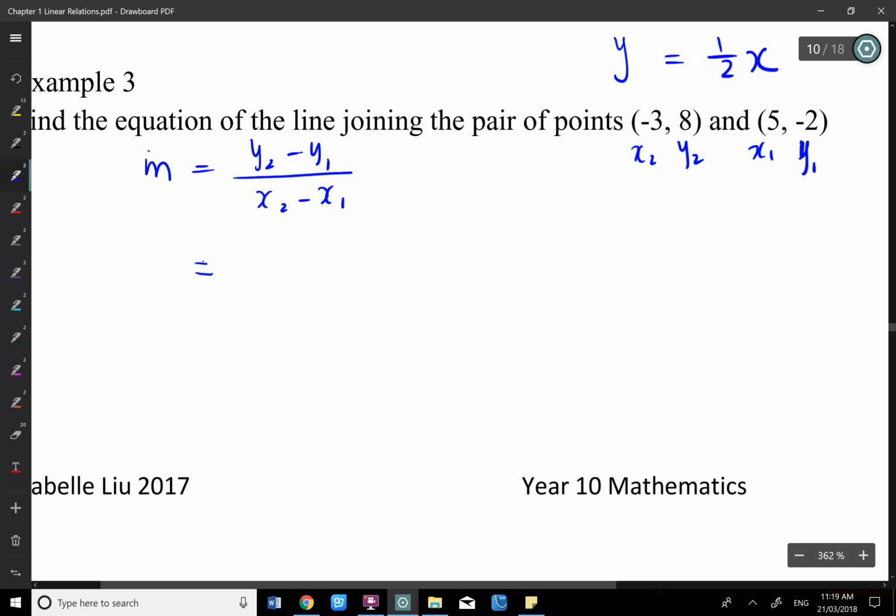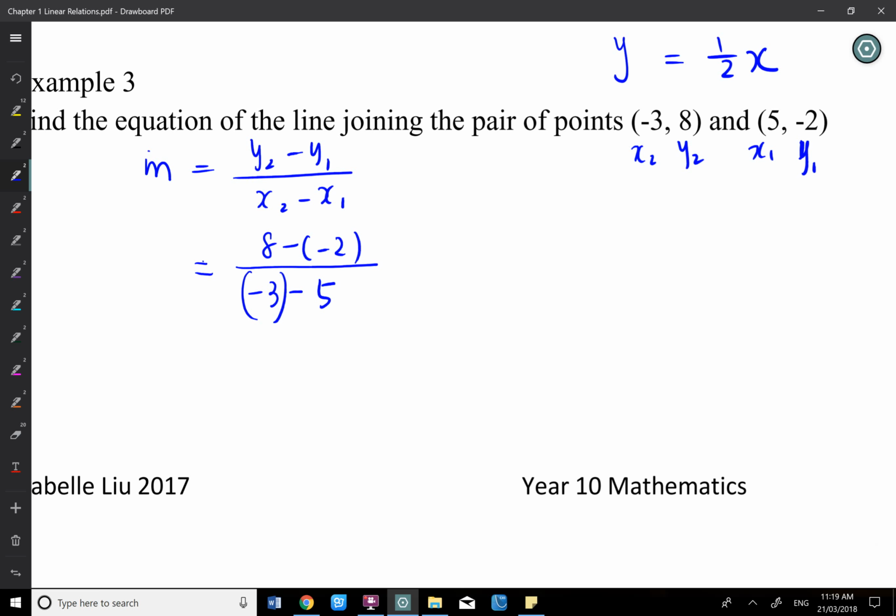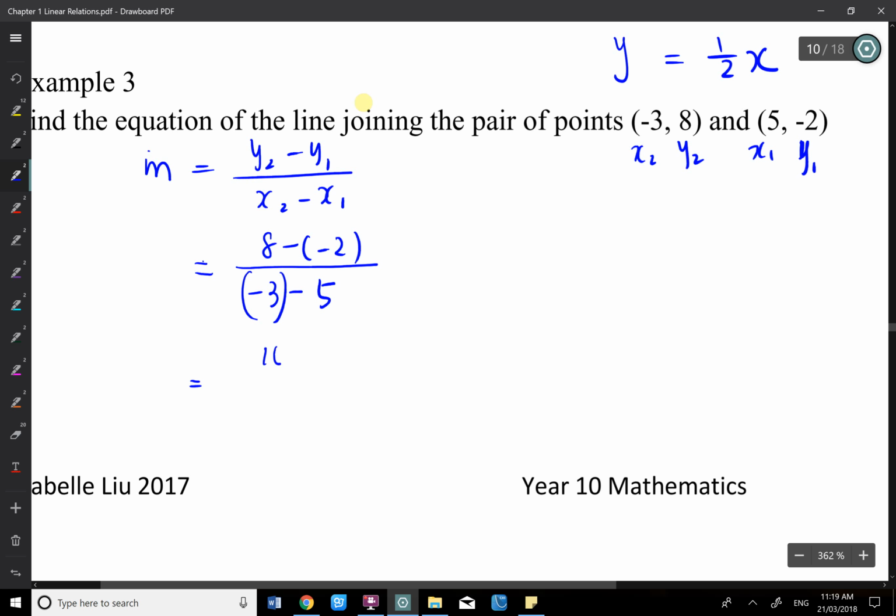So y2 minus y1, so it's 8 minus -2 over x2, which is -3, minus x1, which is 5. Okay, -3 minus 5. You must use y2 minus y1 and x2 minus x1. You can't use y2 minus y1 and then x1 minus x2. That doesn't work. It must be the same pair in the same vertical line. So what we have here is 10 over -8. That equals -5 over 4.